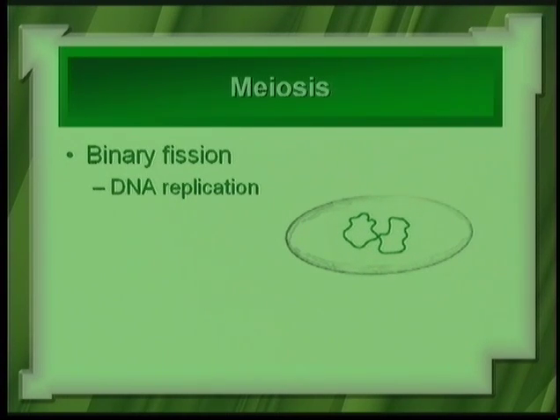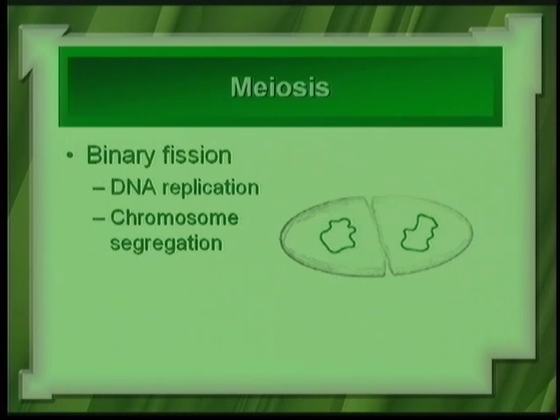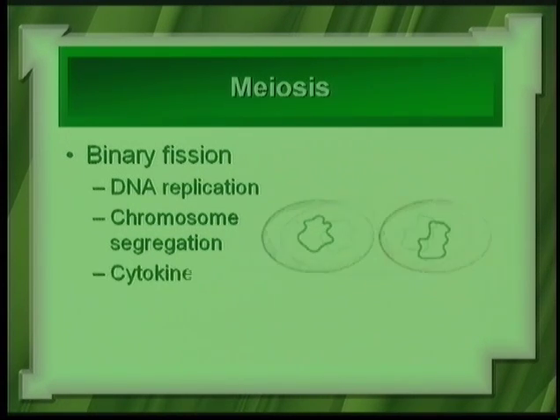So you have DNA replication, the chromosomes segregate from each other, and then you have cell division between bacterial cells. This is called binary fission. So prokaryotic cells like bacteria are very different from plant cells or animal cells.